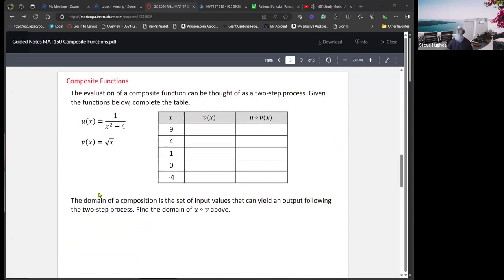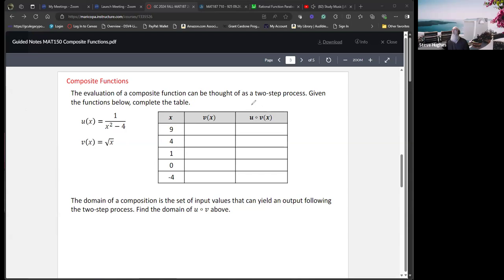All right. It says the evaluation of a composite function can be thought of as a two-step process. Given the functions below, complete the table. All right, let's see if we can complete the table. Let's start out. All right, first of all, it says find v of x.